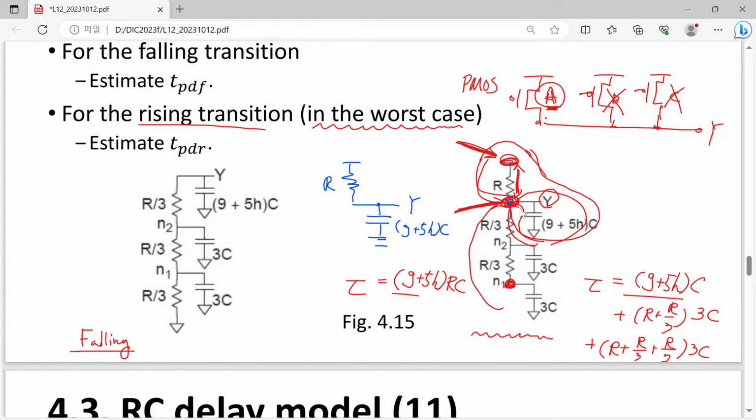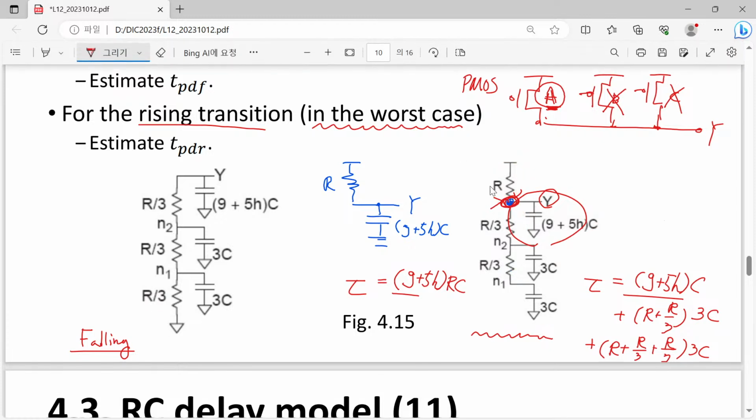All of these other branches do not contribute. Then what happens? Of course, we can understand this case will take longer time, because it has more dependent capacitances, but this is used to increase the value of this voltage or that voltage. Please note that.